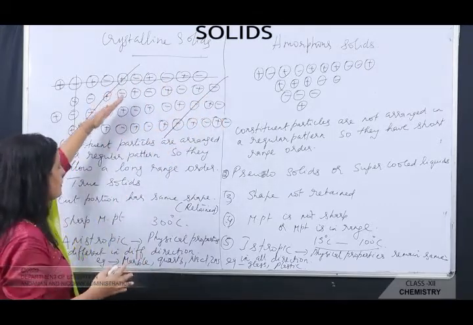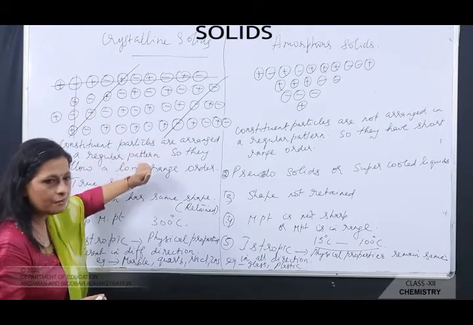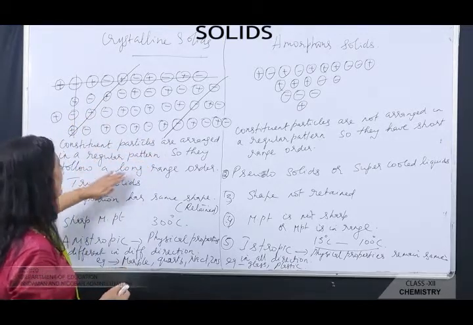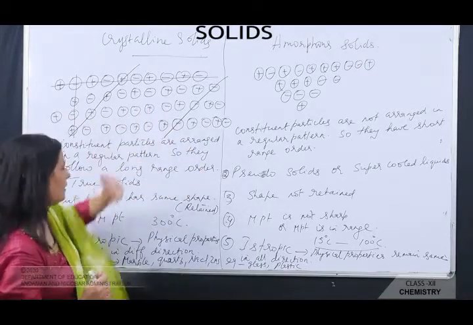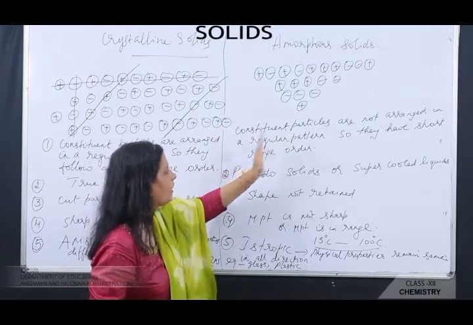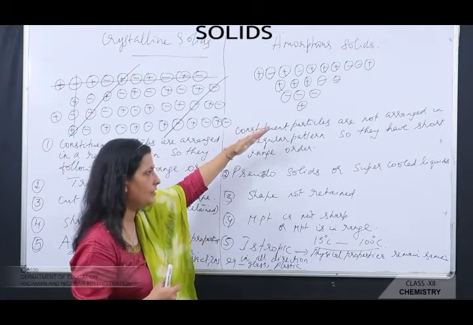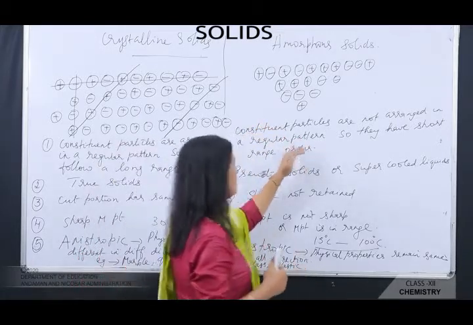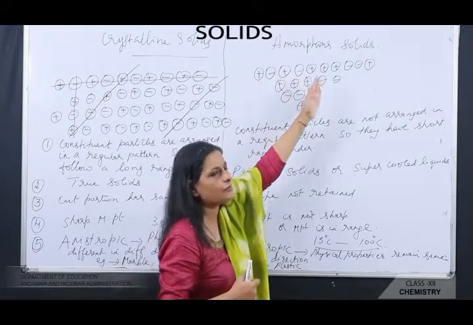That is, in crystalline solids, the constituent particles are arranged in a regular pattern. So they follow a long range order because the pattern remains the same throughout the packing. In case of amorphous solids, the constituent particles are not arranged in a regular pattern, or we can say they are arranged in an irregular pattern. So they have short range order, meaning to some extent they will follow a regular pattern, and after that it becomes what?